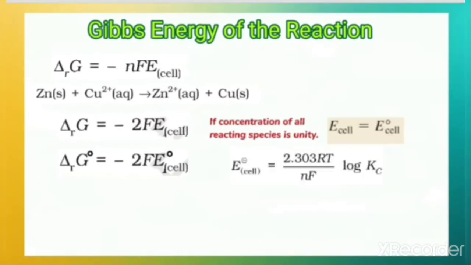We already learned the formula of E naught cell in the previous video, that is 2.303 RT by nF log Kc.